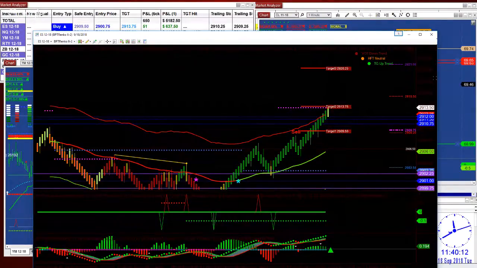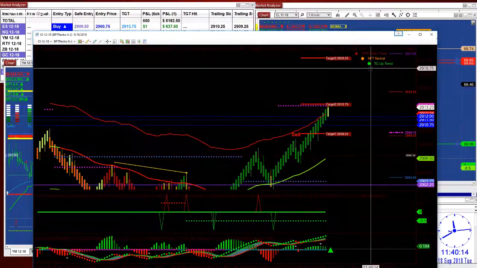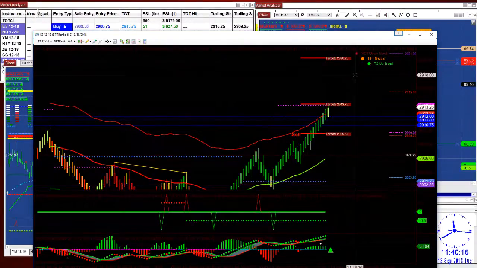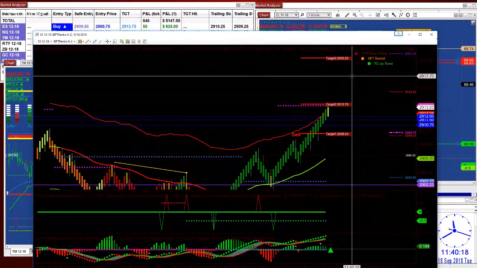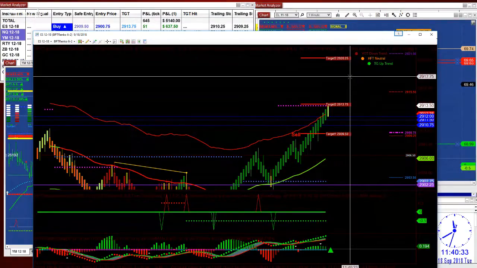Target two hit. That means profit taking. Very simple, clear, and one bar up or one bar down becomes irrelevant technically. It's finished. It's over. Lunchtime, your target two, out of the band, resistance, finally, technically, is a short trade.